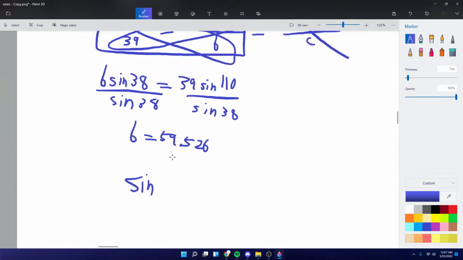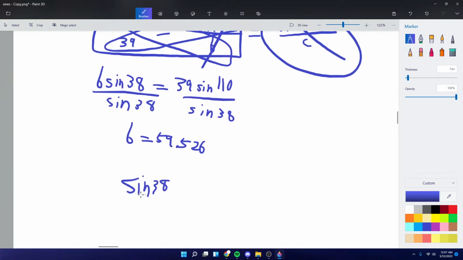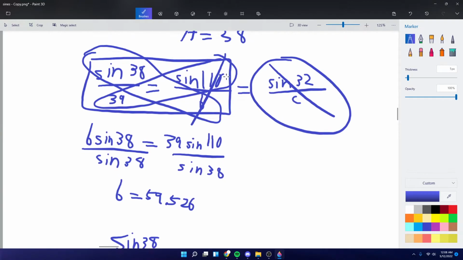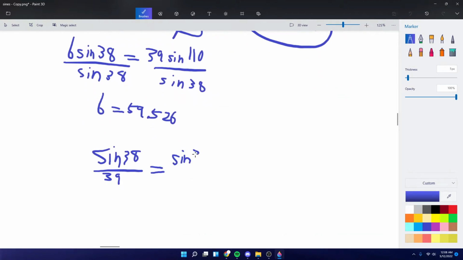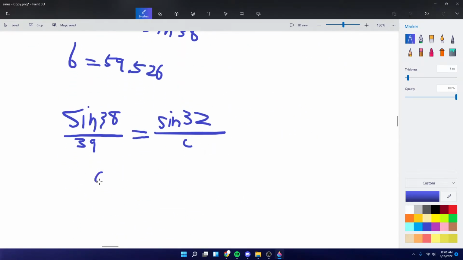And then we can do the same thing with side C. Let me rewrite our equation. So now we'll be ignoring B and this part. The first part we can keep the same, sine 38 over 39, set that equal to sine 32 over C. Do the same thing where we cross multiply: C sine 38 equals 39 sine 32.